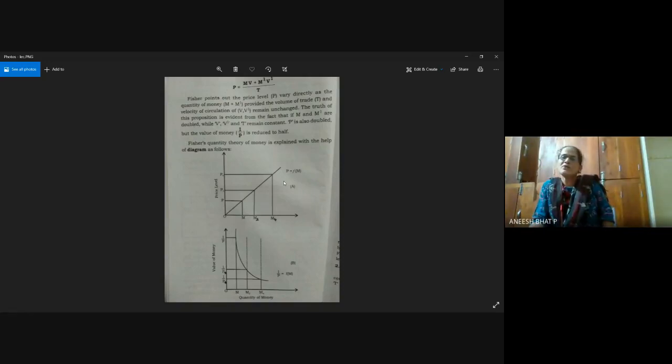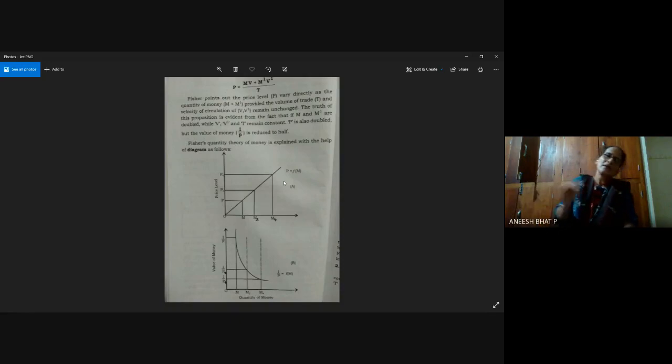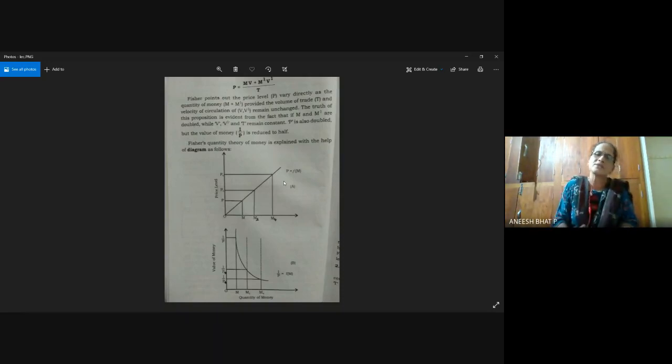We have seen that there is a reciprocal relationship between price level as well as value of money. What happens to the value of money when price level doubles? When price level doubles, it's natural that value of money halves or falls, right? So when price level increases, value of money decreases.